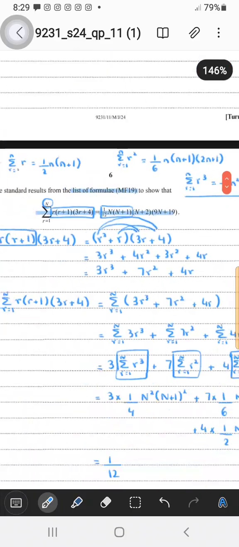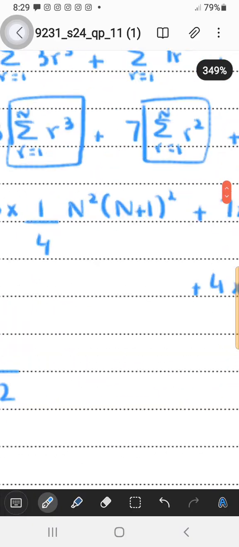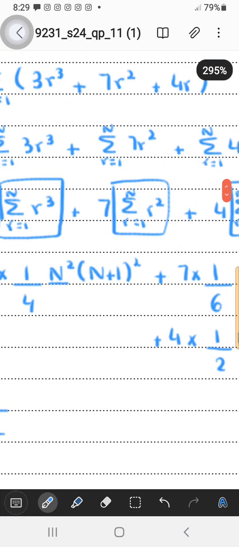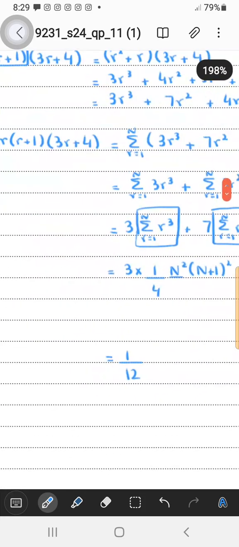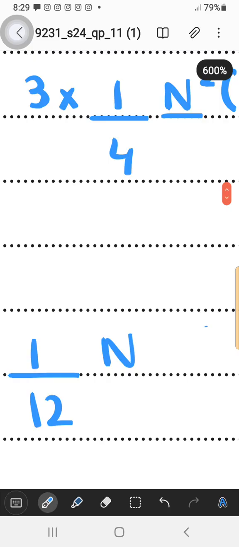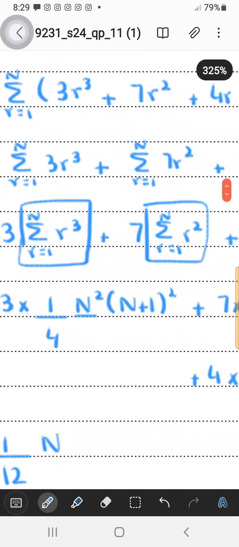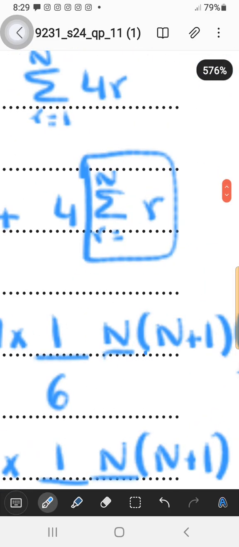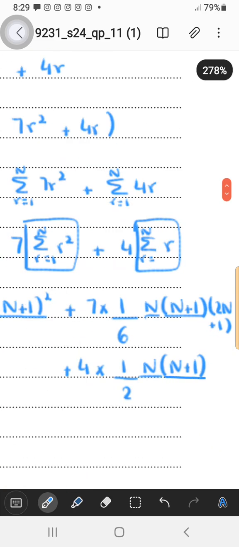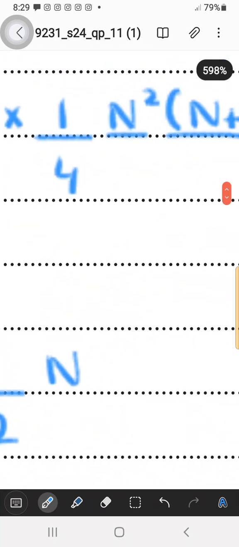Then we want n. We can see there is n square, there is n, and there is also n. So we can take n common. And we also require n plus 1, which is n plus 1 whole square, n plus 1 and n plus 1. So we can write n plus 1 here.